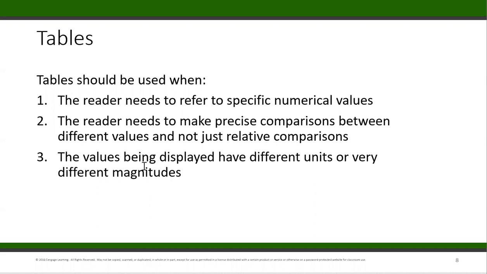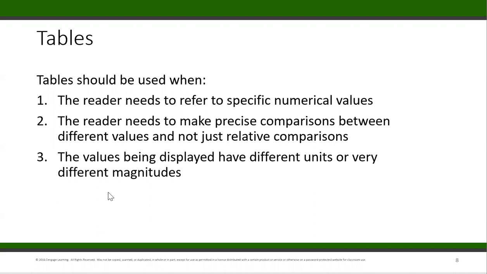The third one is probably the most important one here, and that is when we have two or multiple variables with different units or very different magnitudes. It's hard to show in one chart.